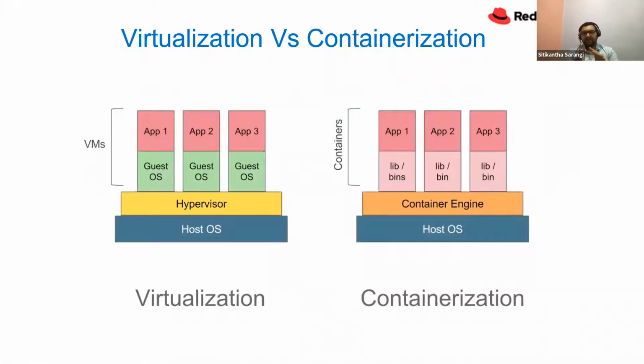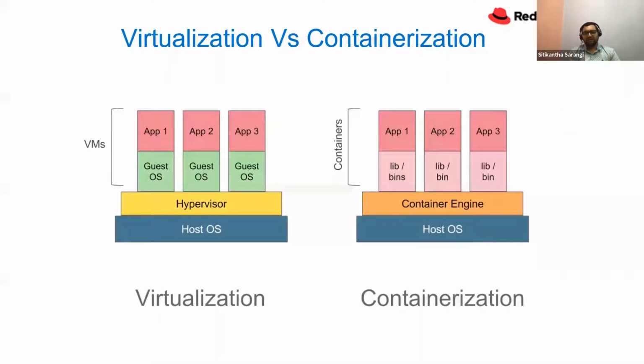So this slide explains the difference between virtualization and containerization. I hope you guys are already familiar with virtualization, right? Virtualization is the abstraction layer at the physical hardware level.